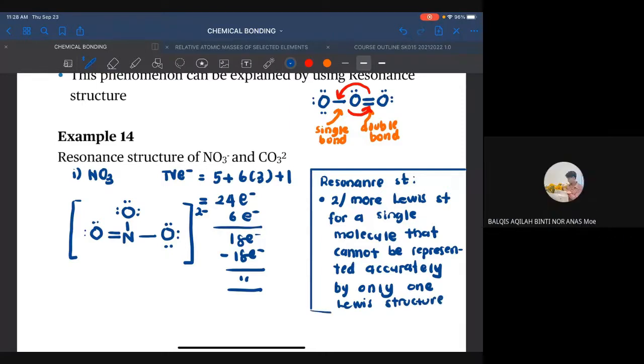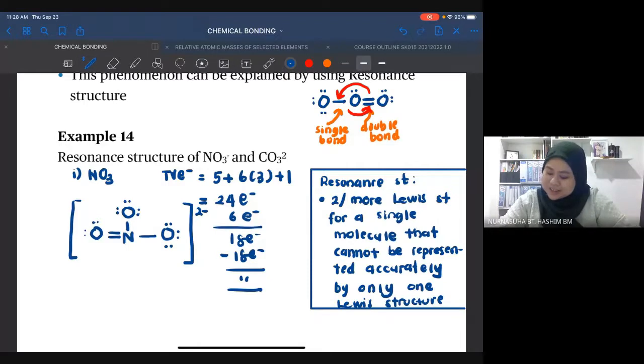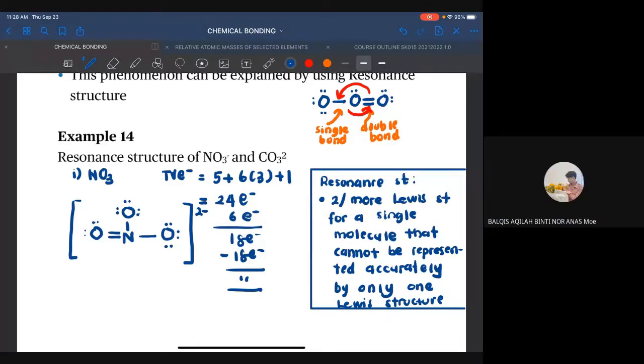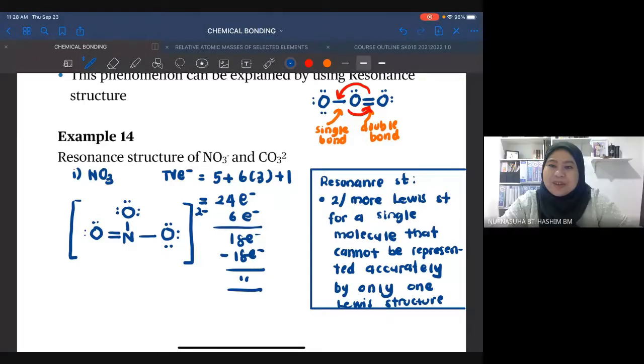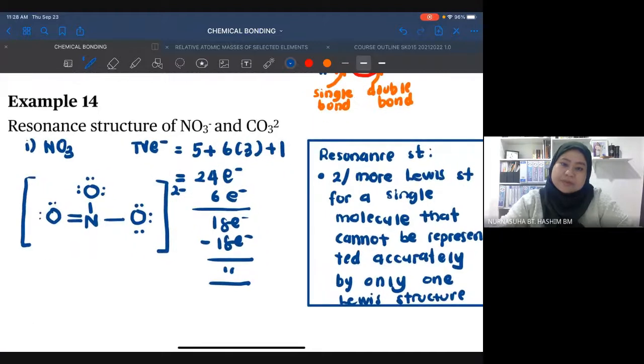Dia boleh ST tu apa? ST tu structure. Two or more Lewis structure for a single molecule that cannot be represented accurately by only one Lewis structure.